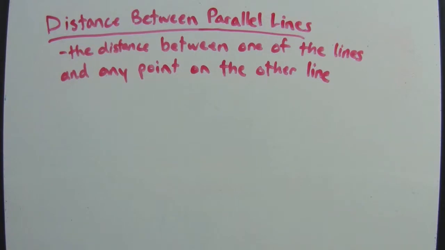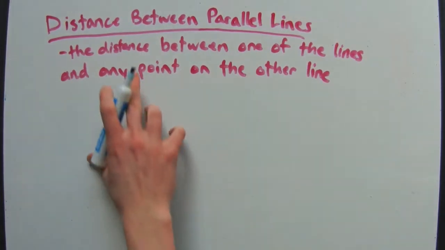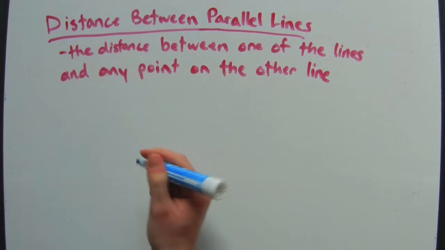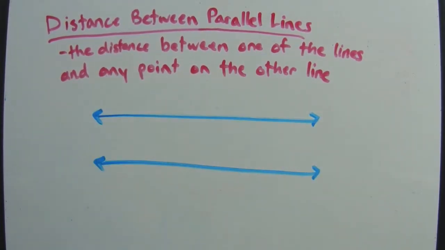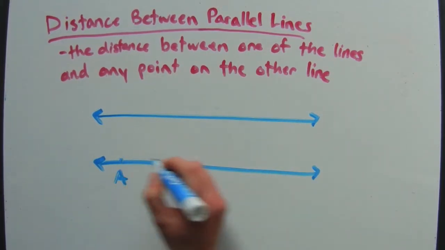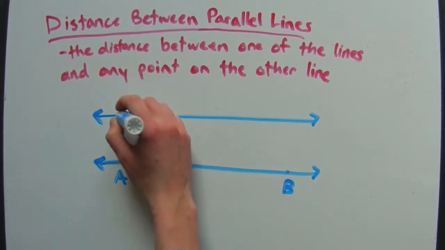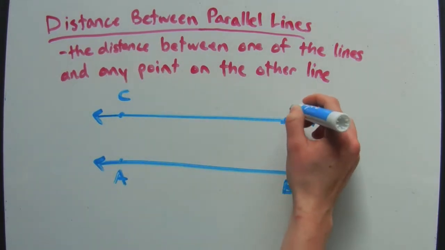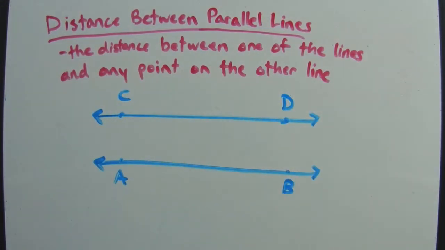Now the distance between parallel lines is calculated by the distance between one of the lines and any point on the other line. So we know how to calculate distance between a point and a line. Now if we have two parallel lines, let's name this line AB and this line CD.